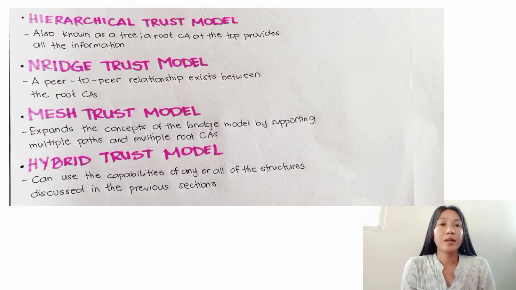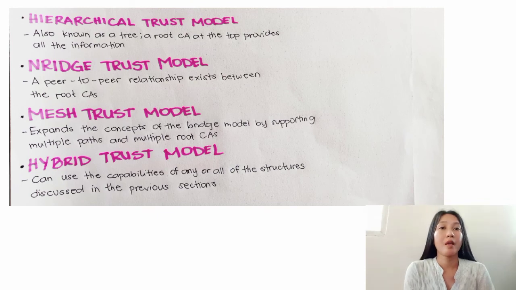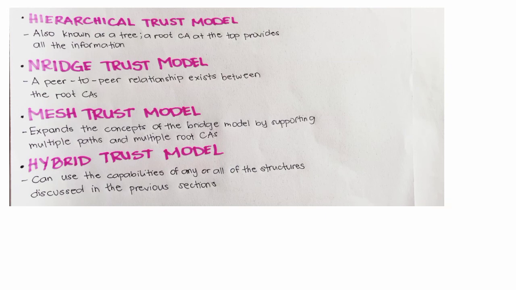Bridge trust model: a peer-to-peer relationship exists between the root CAs. Mesh trust model expands the concept of the bridge model by supporting multiple paths and multiple roots. Hybrid trust model can use the capabilities of any or all of the structures discussed in the previous sections.